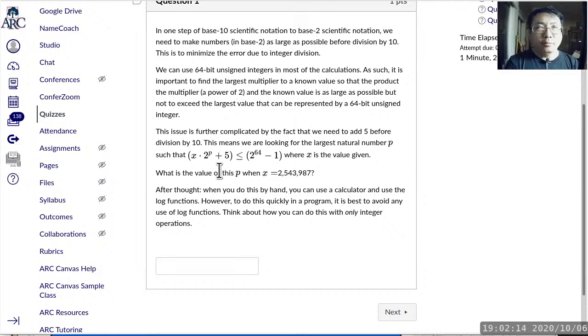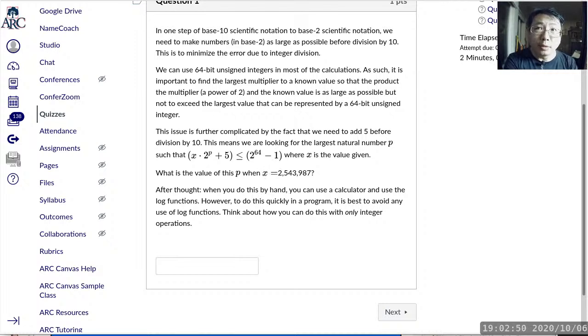Because last time, which was eons ago, last Tuesday, we talked about how in a division, we want to maximize the dividend, or the number being divided, otherwise known as the numerator. And because we are also dealing with 64-bit numbers, we can't make it too big. We can only make it big enough that we can contain it in 2 to the power of 64 minus 1.